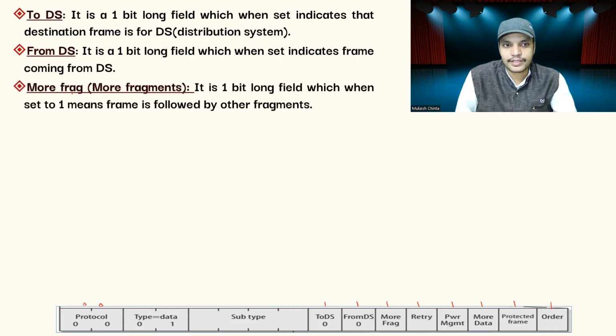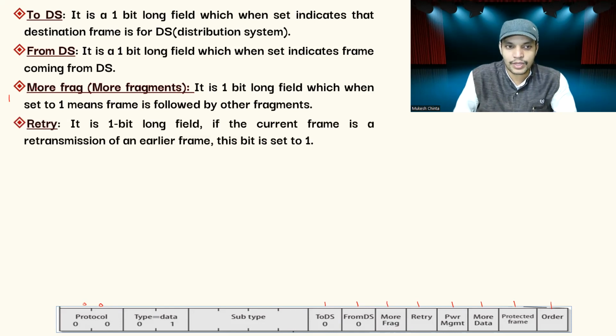The next one is more fragments. If you set it to 1, this will indicate to the receiver that there are more fragments which are going to follow for this particular frame. For this frame, there might be multiple fragments, and we show it in this particular field, more fragments.